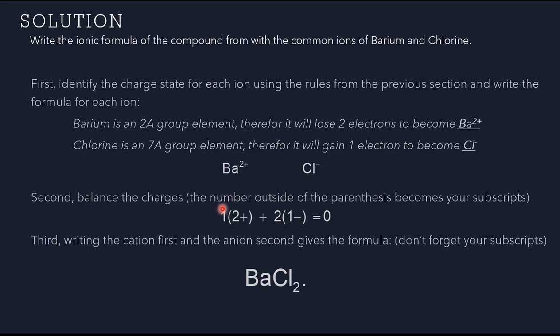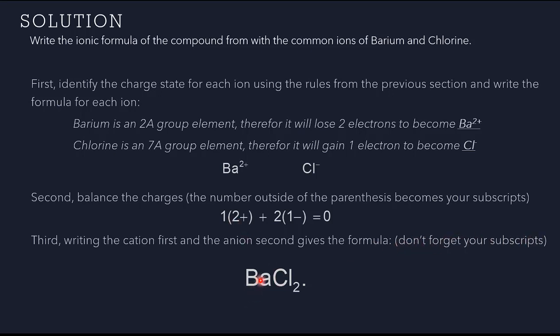The number that we write on the outside of these parentheses in order to become neutral is going to be the subscript in our ionic formula. So to write our ionic formula, we will write the cation first, our metal first, and the anion second, and then we'll insert our subscripts.